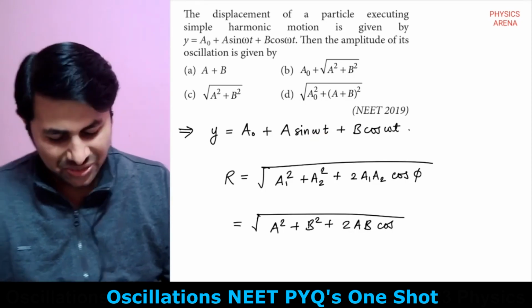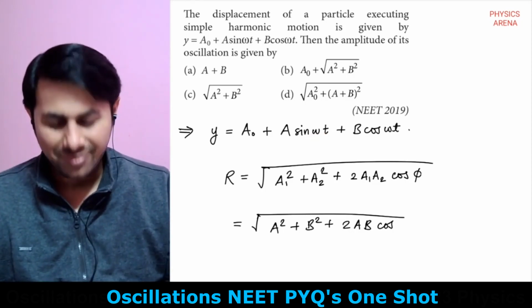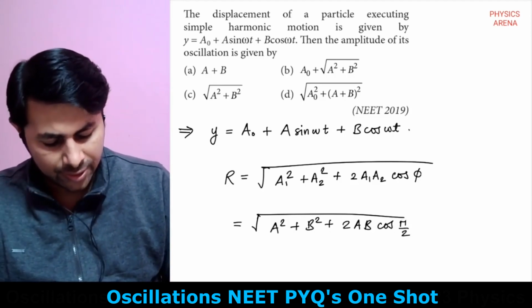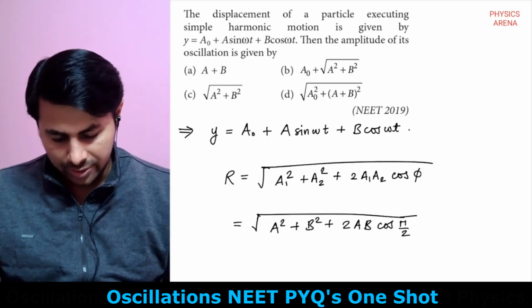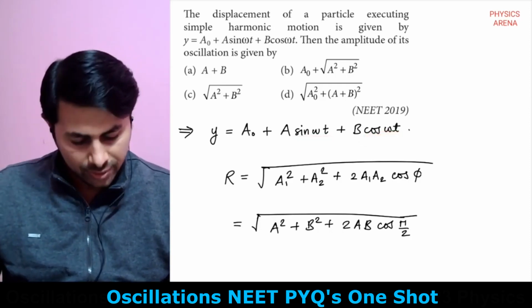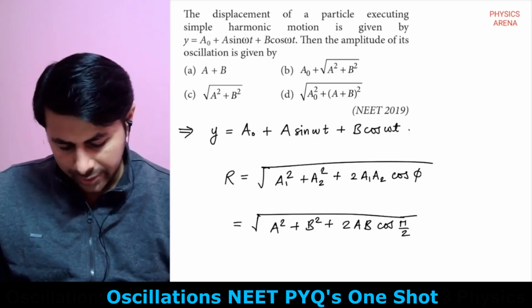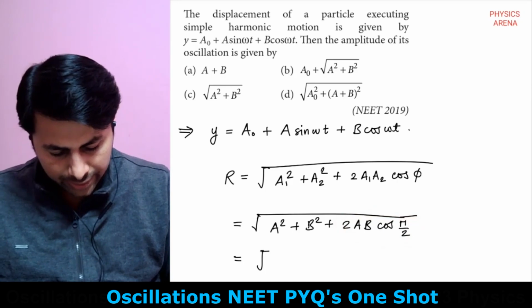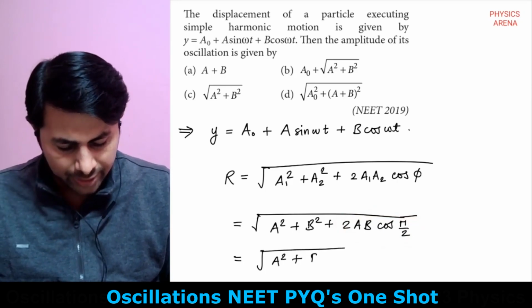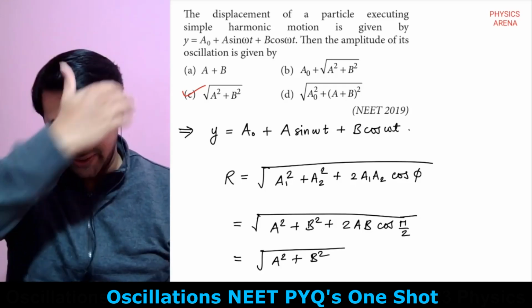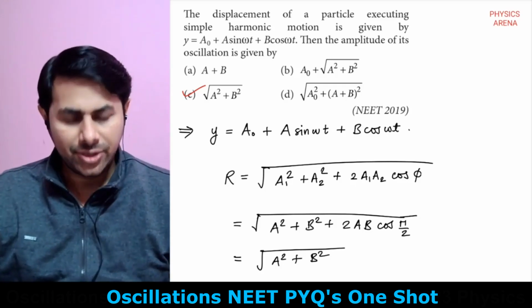Phase difference between sine and cos is pi by 2, and cos of pi by 2 is 0. So the answer is the square root of a square plus b square, option C. All right, let us see the next question.